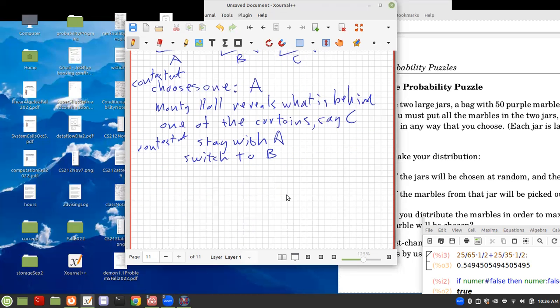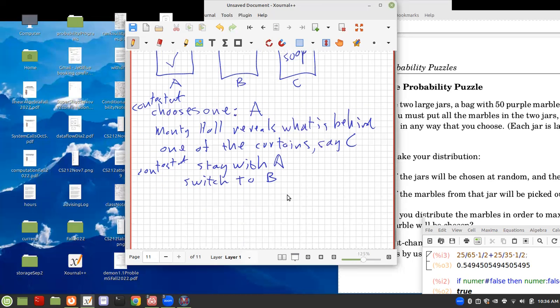Now, the idea here is you have 2 different calculations. You want to compare the strategies of staying and switching. So let's say we want to know the probability of winning when you stay.